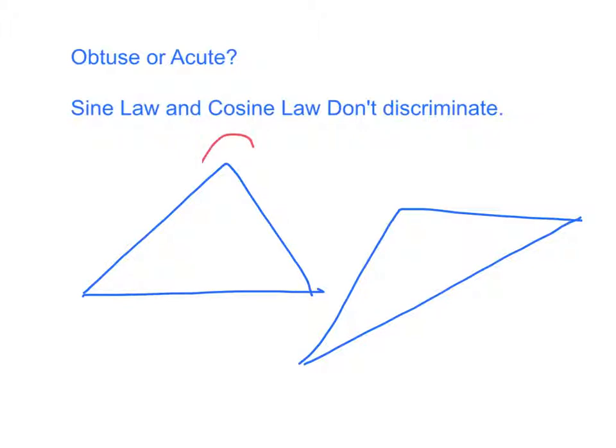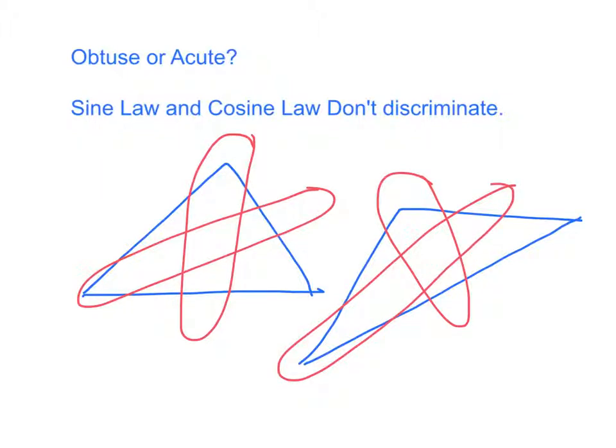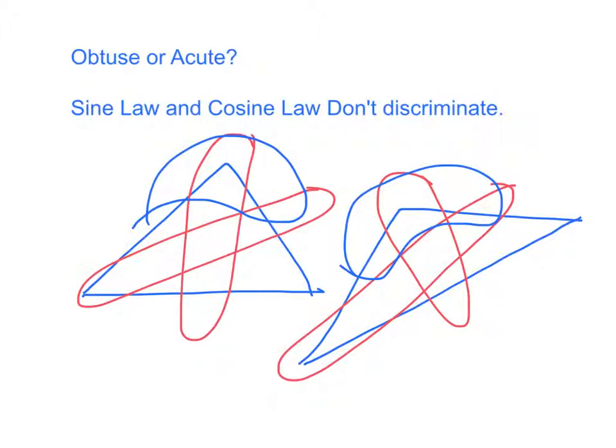When you're drawing loops for sine law, or looking for hats for cosine law, it doesn't matter if it's an acute triangle or an obtuse triangle, the laws are applied the same. So sine law and cosine law, they don't discriminate against acute triangles or obtuse triangles.